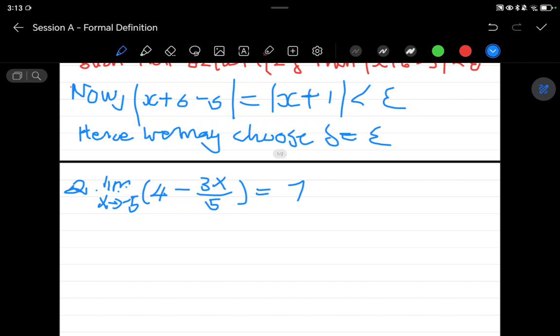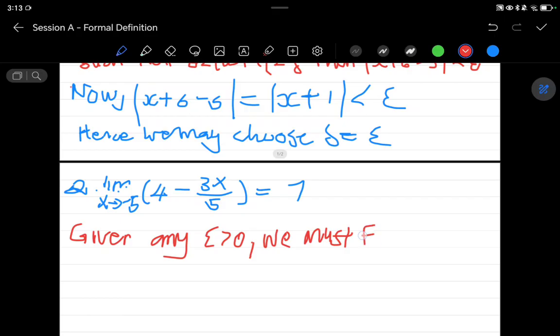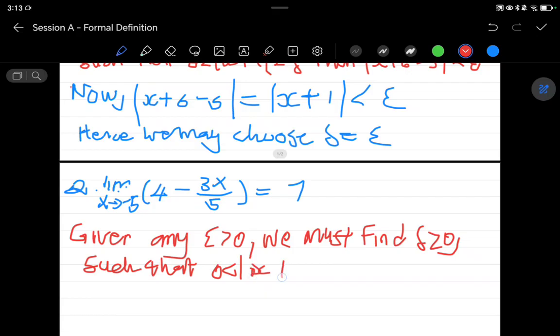First we need to write: given any epsilon greater than 0, we must find delta greater than 0 such that the absolute value of x, if I take 5 to the other side, becomes plus 5, is less than delta.